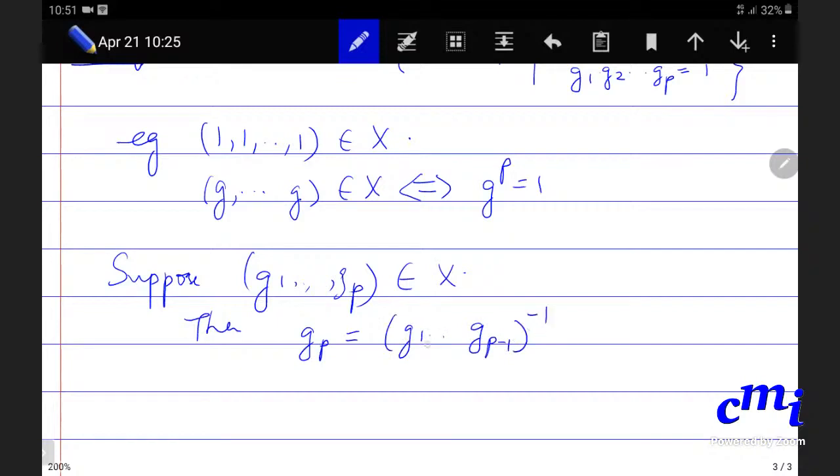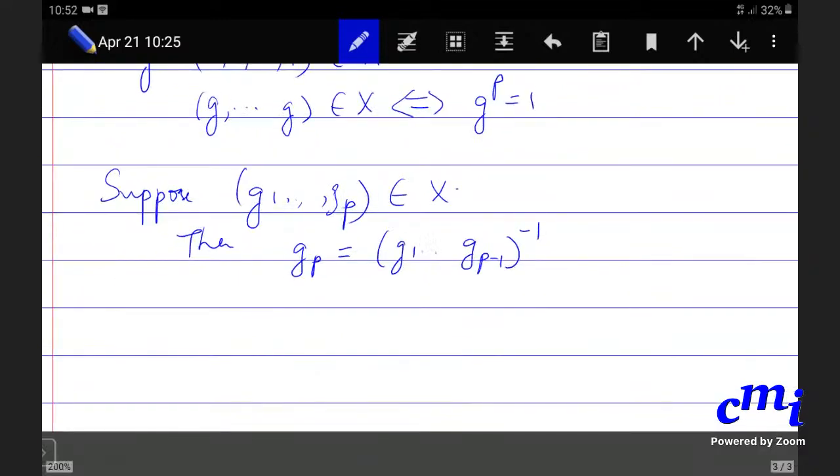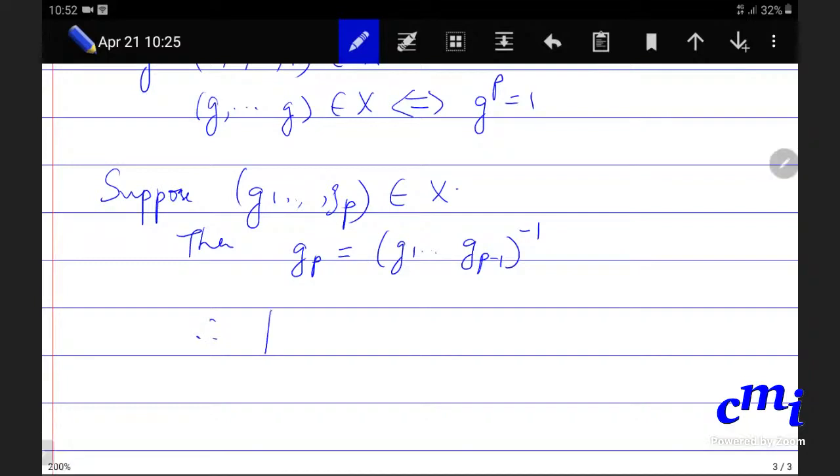That's what the definition is. So really we are choosing p minus 1 things freely and then writing the inverse of the product as the pth thing. We can choose the first p minus 1 things whichever way we want, but the pth thing is now determined. Therefore, X has order |G| to the p minus 1 elements, and the point is that this is divisible by p, since p divides the order of G.